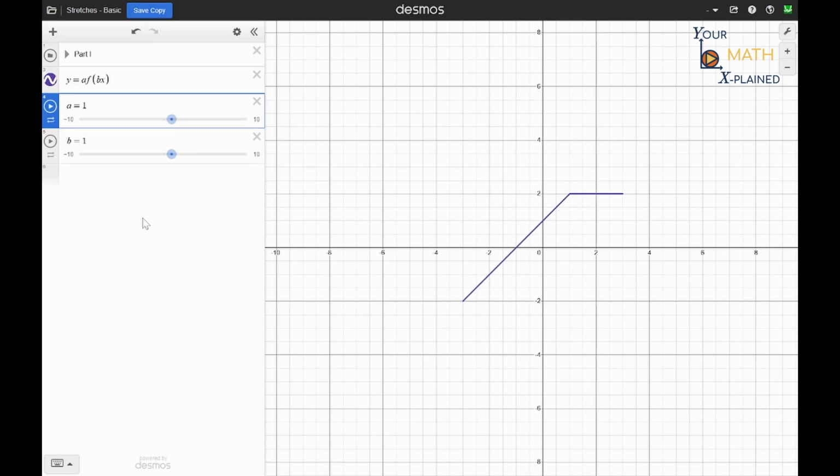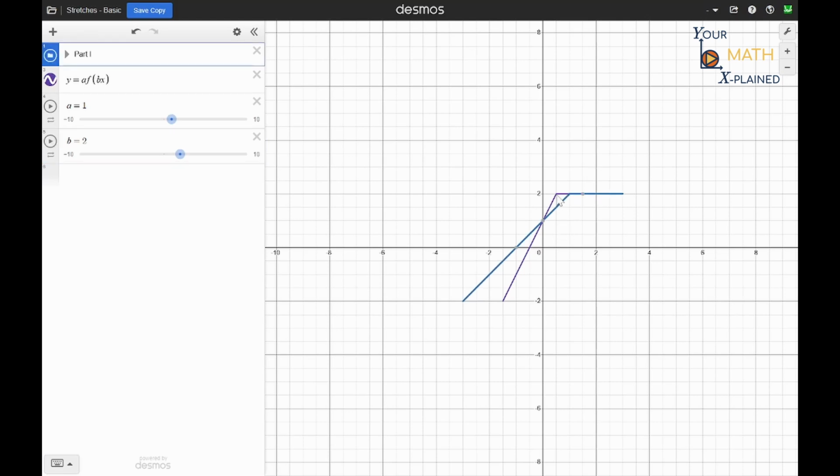So for b, it is the value beside x that's inside the function. So if we change our b value to 2, you'll notice that it actually does the opposite of what you think it might do. Instead of expanding it by a factor of 2, it is actually being compressed by a factor of 2.